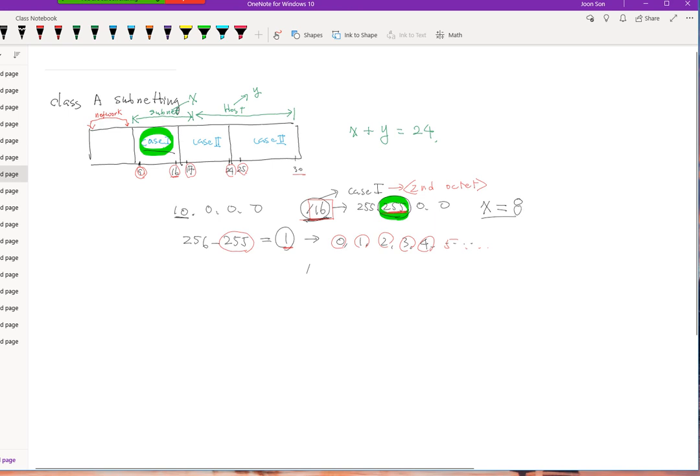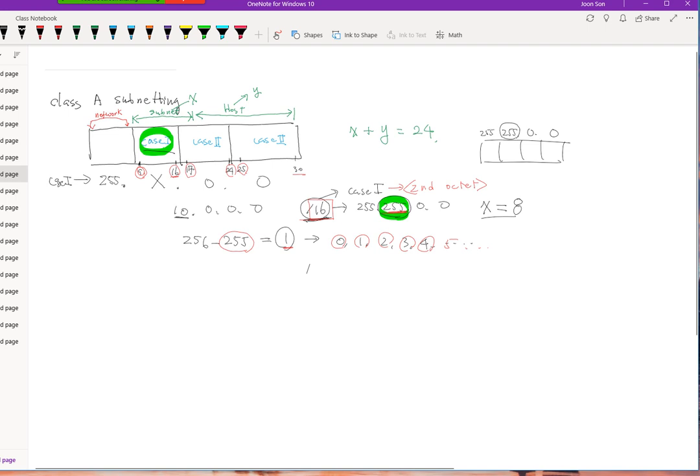For class A, the mask starts with 255, and for case number 1 the rest is .0.0, so 255.255.0.0.